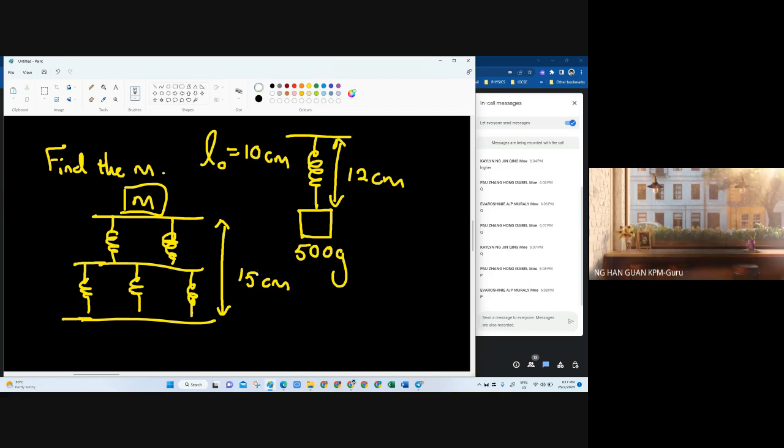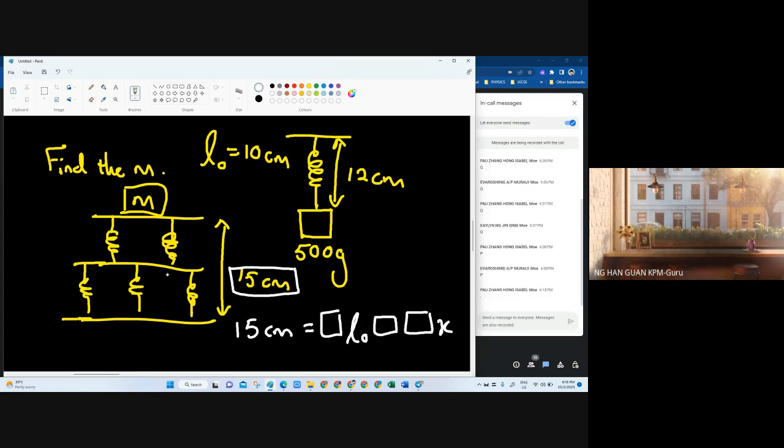Okay. First one, we need to know this 15 centimeter, how we get it. This 15 centimeter is actually equal to how many original lengths, plus or minus extension. The spring now is a compression system, compressed, so it should be minus. All right, so minus here.